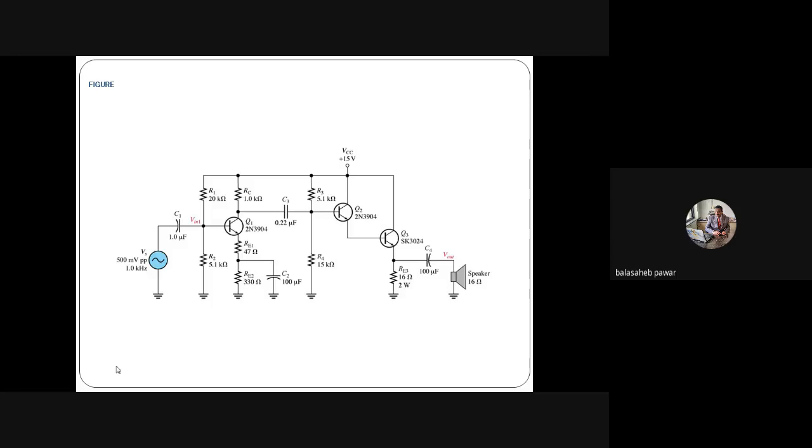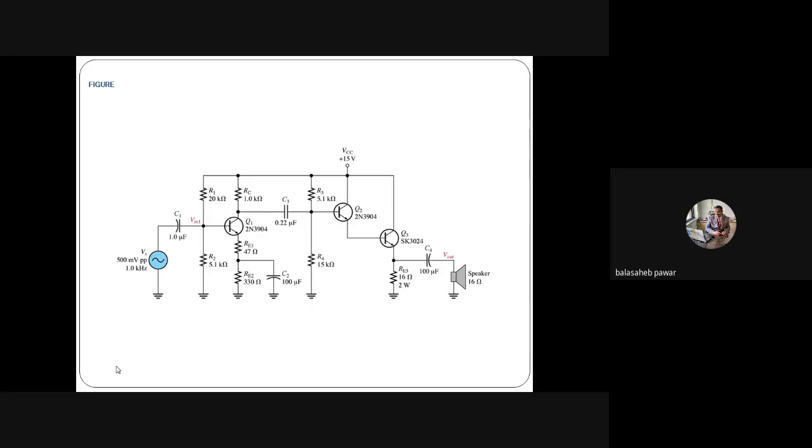Transistor Q2 is again biased using resistors R3 and R4, that is, using a voltage divider to have somewhat VBE greater than 0.7, if the transistor is to be biased at the center, right? Accordingly, the values of R3 and R4 are selected. Here we consider that transistor Q2 is biased exactly at the center of the load line.